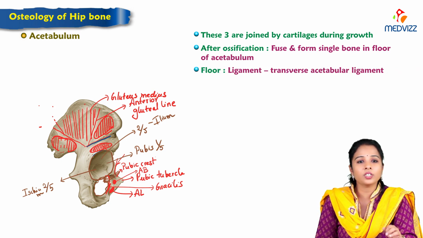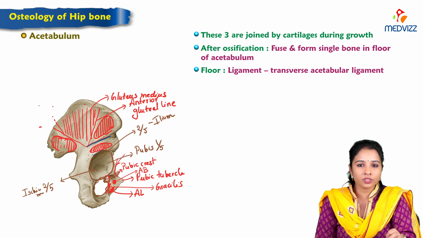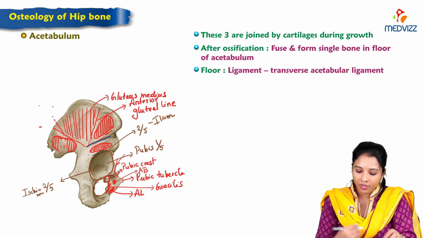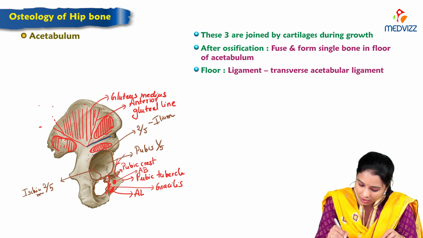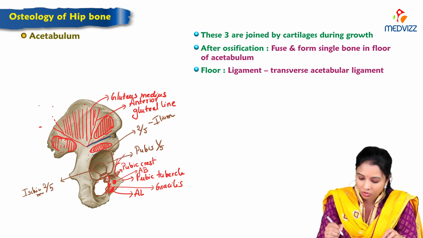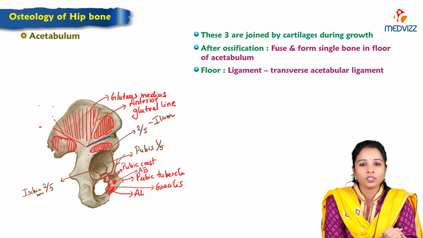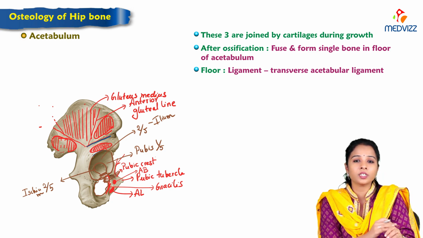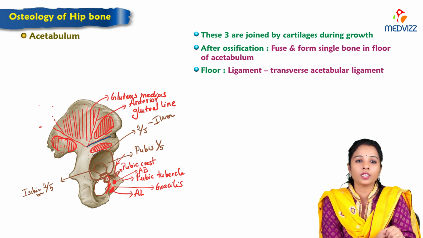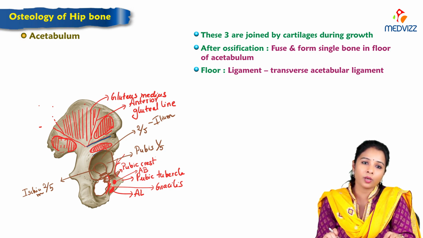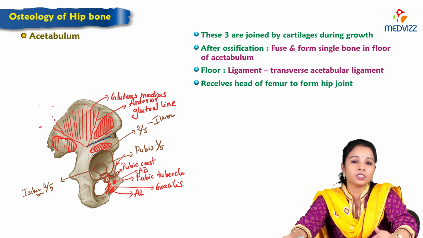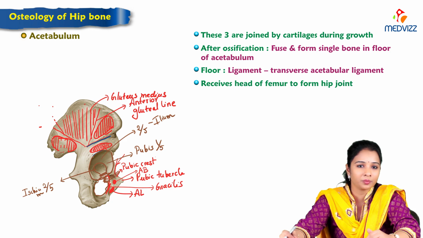And within the floor, there is a ligament called the transverse acetabular ligament, where we can see a notch here. This notch is filled by a ligament, called the transverse acetabular ligament, converting the notch into a foramen called the acetabular foramen. Then the acetabulum receives the head of the femur to form the hip joint.